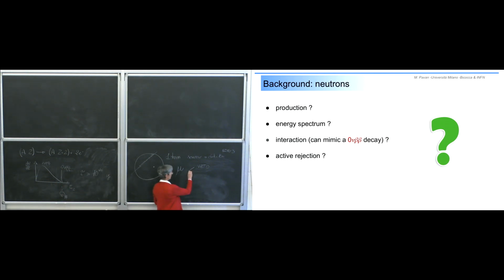And I told you that one background where the muon veto could be a bit inefficient is when a muon produces a metastable nucleus.